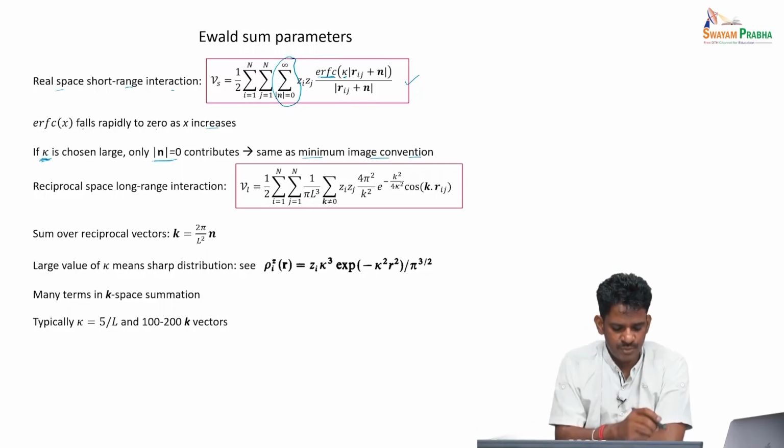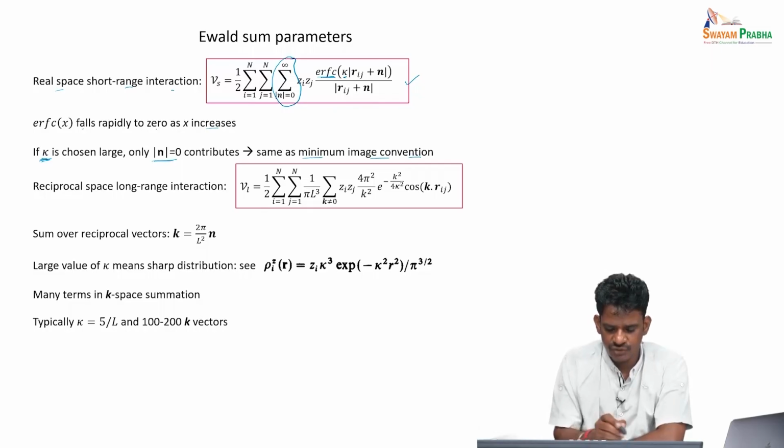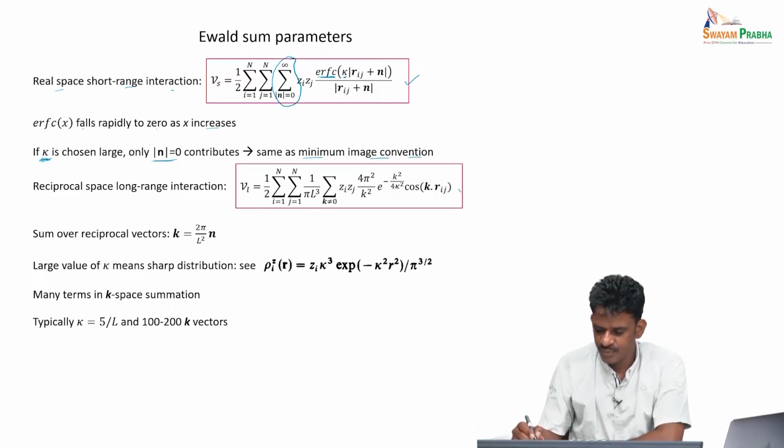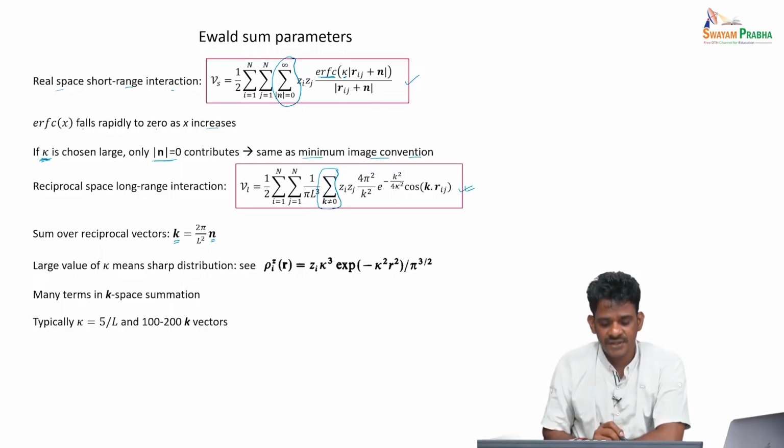Now, if you look at the reciprocal space long range interactions, what is the consequence of choosing a large kappa value? That is given by this expression where we need to sum over the wave vectors k, and this k here is basically related to n by 2 pi over L squared. These are the set of reciprocal vectors that we need to choose.